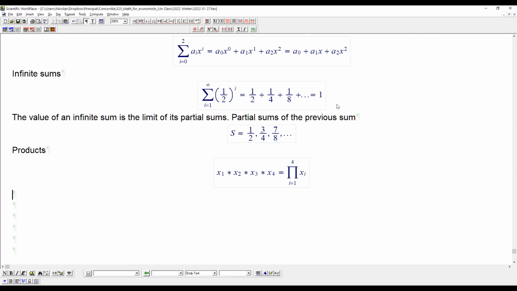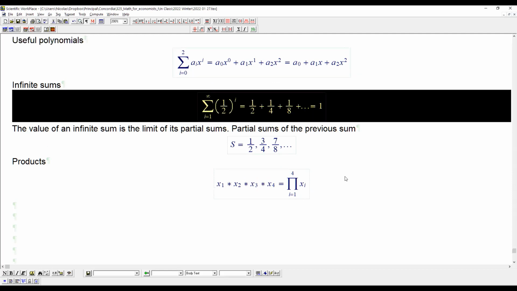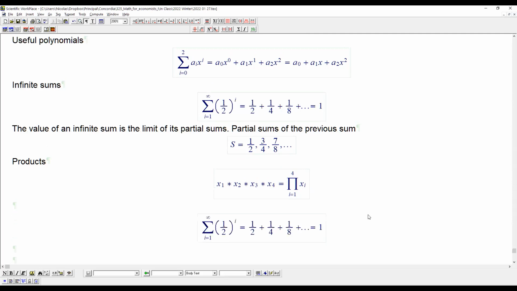Yeah, and a general version of this one, I'll just stop here. This is 1/2, but I could have r to the i from 0 to infinity.